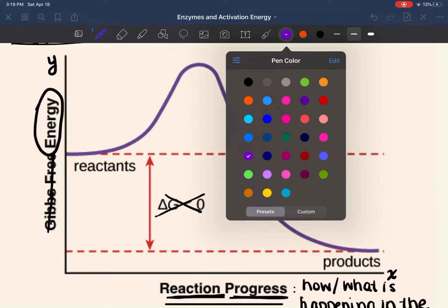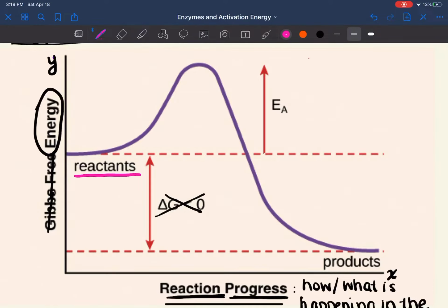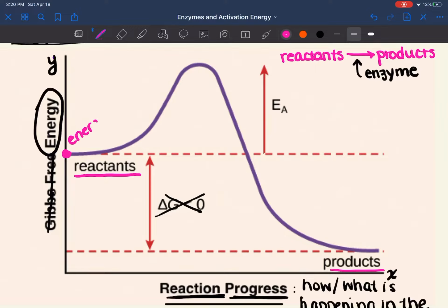So here you'll see, let's go with pink, you have reactants and you have products. Remember, a chemical reaction always starts with our reactants and we go to our products. So our enzyme is going to act right there. Okay? So we'll see here that our reactants start at an energy that is higher than the products.